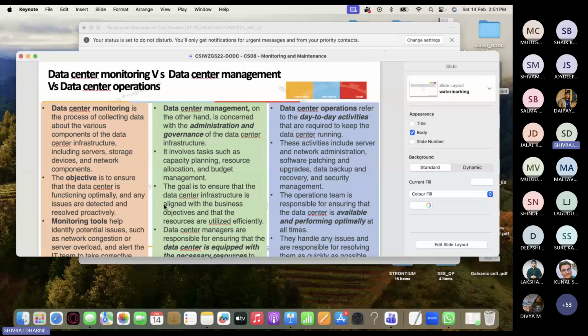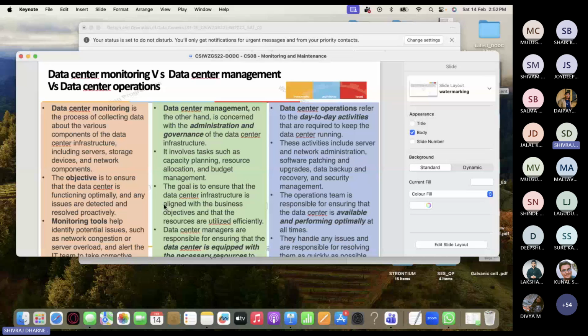So for example, I want to explain what data center management means. In data center management, you are talking about administration and governance of the data center, right? So it will involve tasks like capacity planning, resource allocation, budget management.